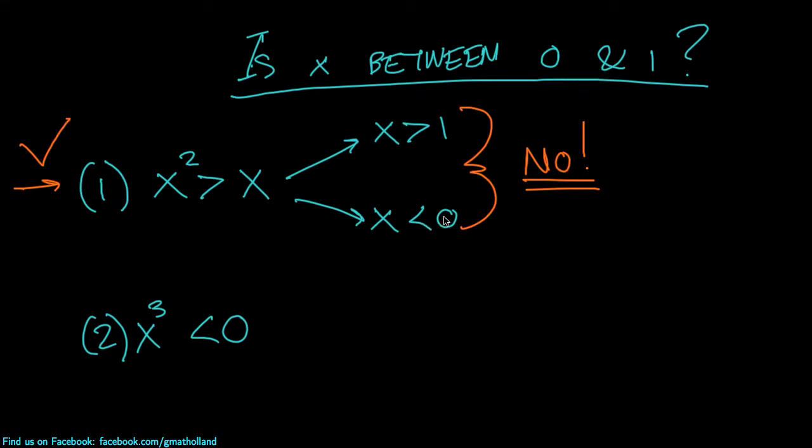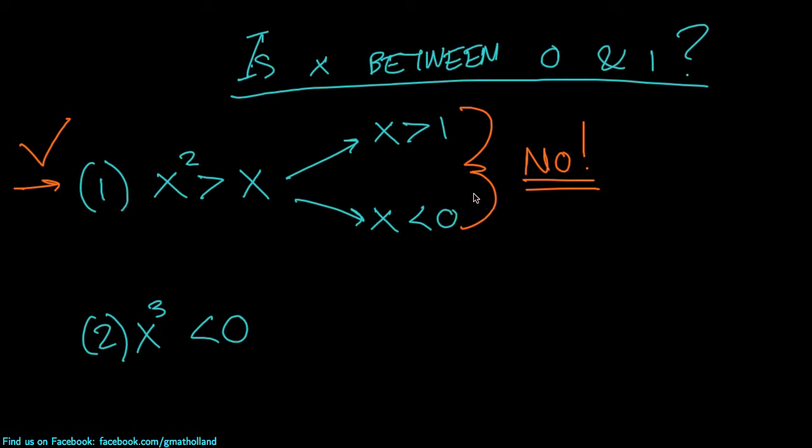And this is a common GMAT data sufficiency pitfall, because from this first piece of information we have that x is greater than 1 or smaller than 0. So we have that it's not between 0 and 1. And then you may think, okay, it's not between 0 and 1, so not enough information.